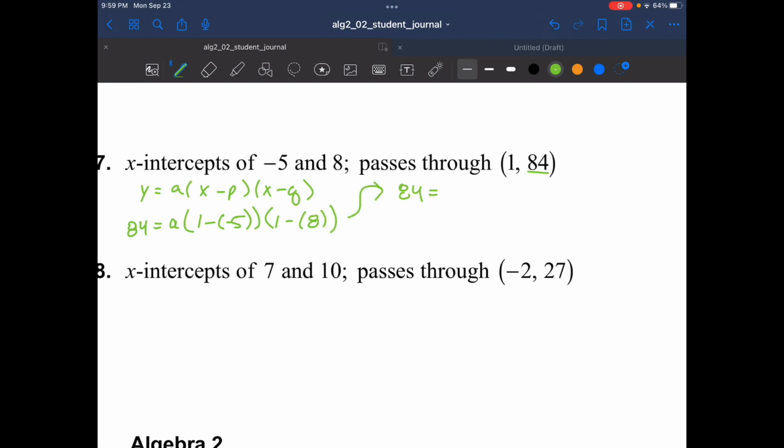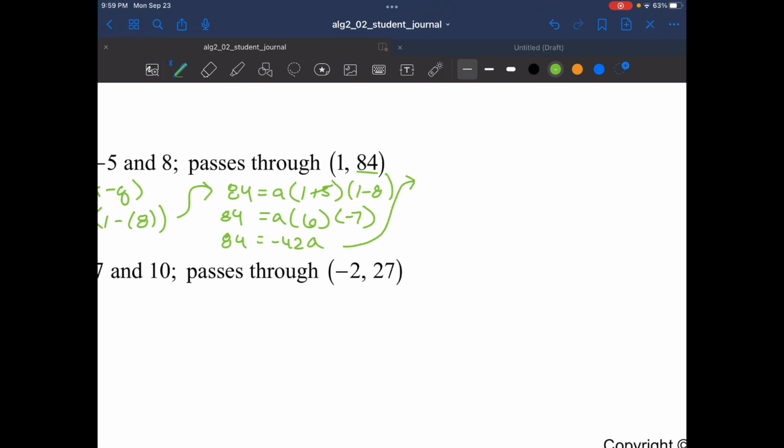Okay, so this will be 84 equals a times (1 + 5) times (1 - 8). So this will be 6, and then 1 minus 8 is negative 7. So that will become negative 42a is equal to 84. So then 84 divided by negative 42 is negative 2 equals a.